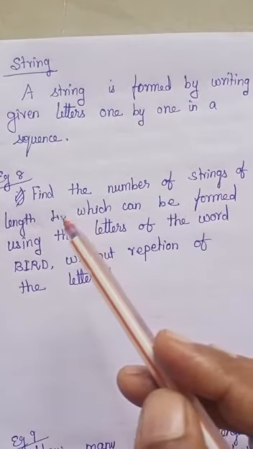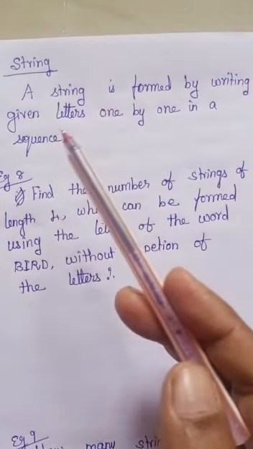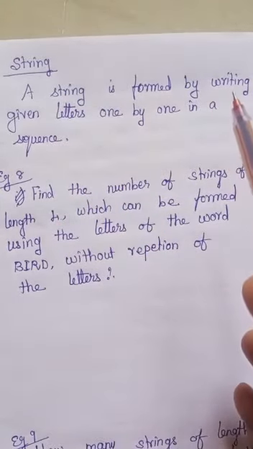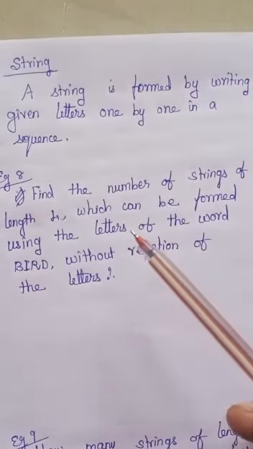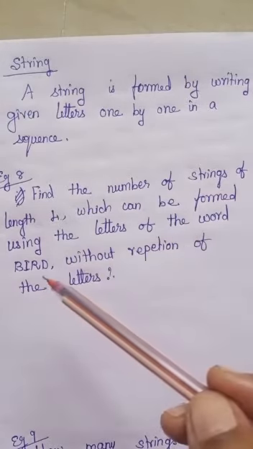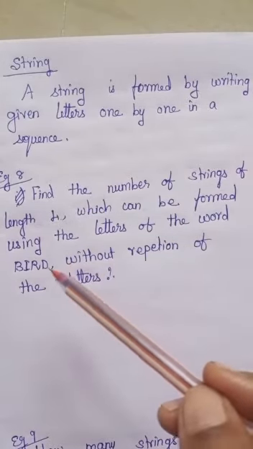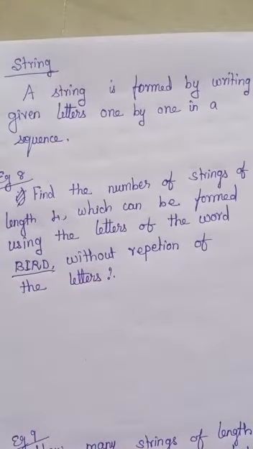So, the number of letters is 4. String is nothing but the word formed by arranging the letters one by one in a sequence, which can be formed by using the letters of the word BIRD, B-I-R-D. It also consists of 4 letters, without repetition of the letters.